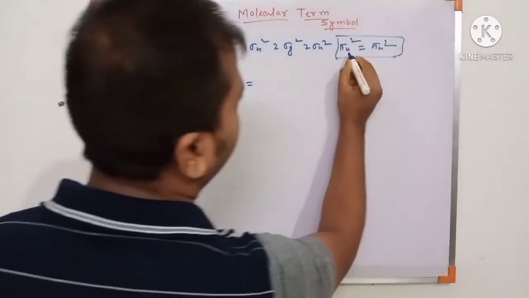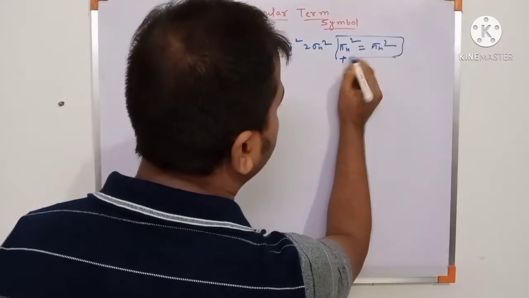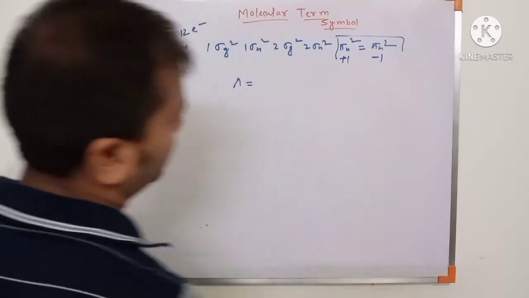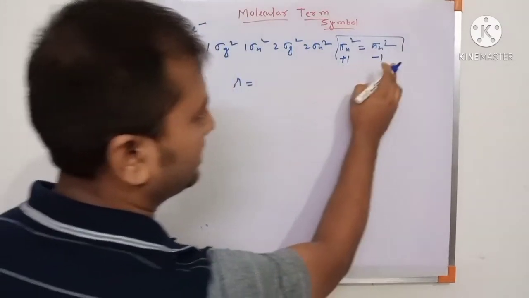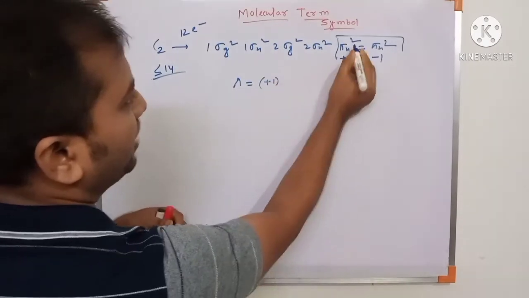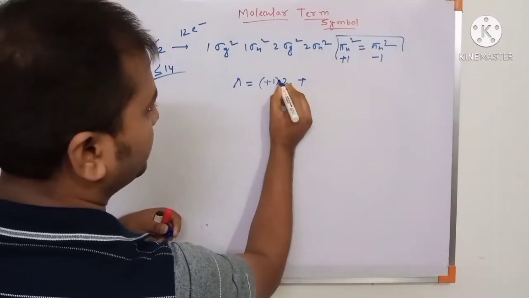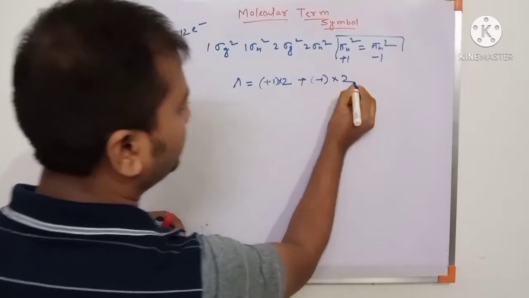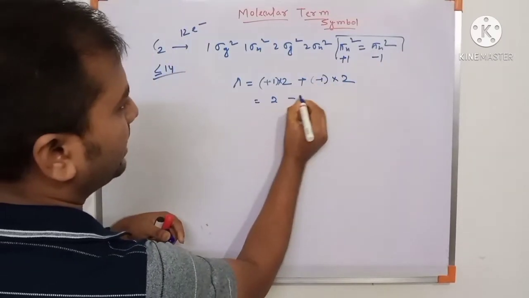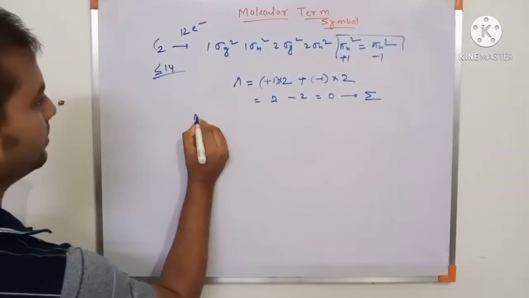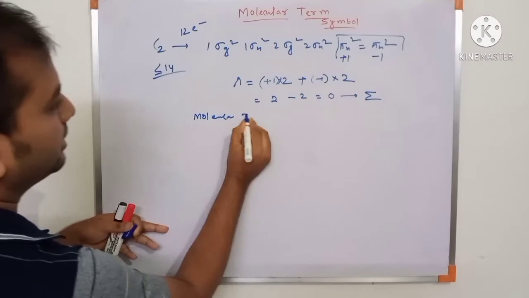One pi is plus 1 and the other is minus 1. Plus 1, how many electrons? 2 electrons, so plus 1 into 2, and minus 1, 2 electrons, into 2, equals 2 minus 2 equals 0.